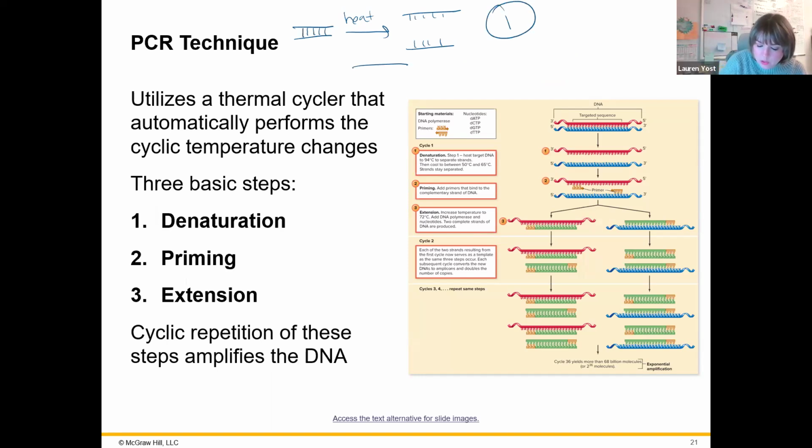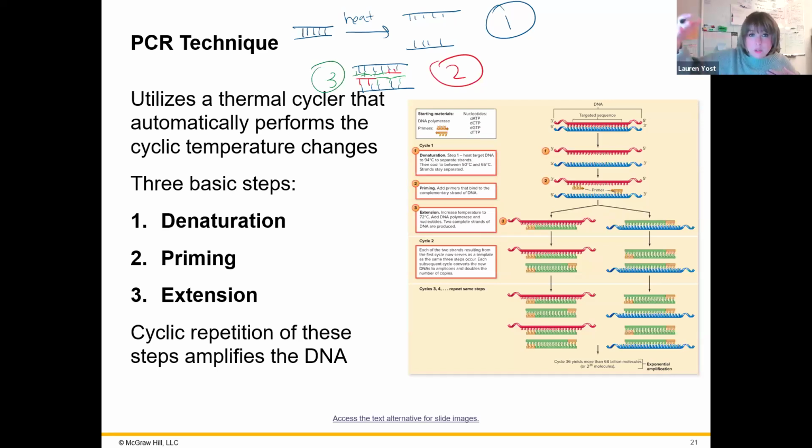Then taking those 2 single strands and then binding the primers like we did before is priming. And then extension, like we had before, would be adding on the nucleotides from that primer edge in the 5' to 3' direction. It always works in the 5' to 3' direction, adding on to an existing primer. So that third part. And that's it.